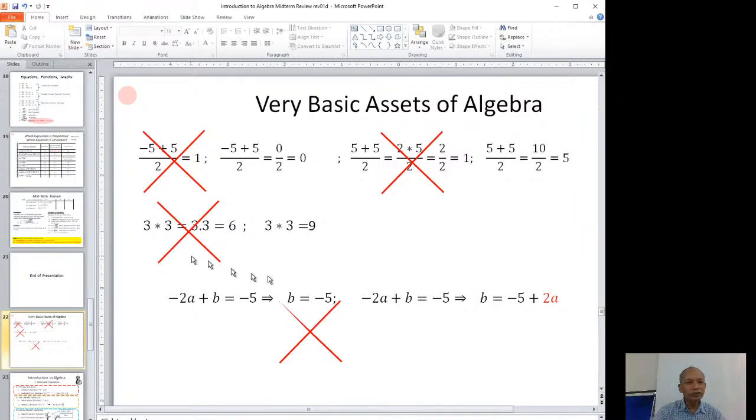If you follow all the presentation, the slide, and you took time to read the slide presentation, it means that from here to here, b is on the left hand side and then negative 5 here. Negative 2a jumps over to the right and then it must be here plus 2a. It's not that it jumps over here and disappears.